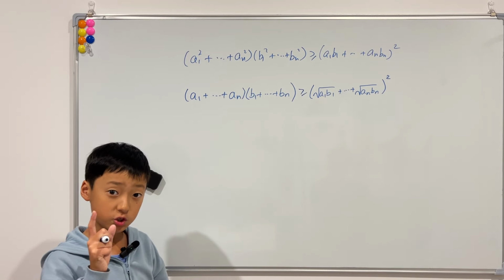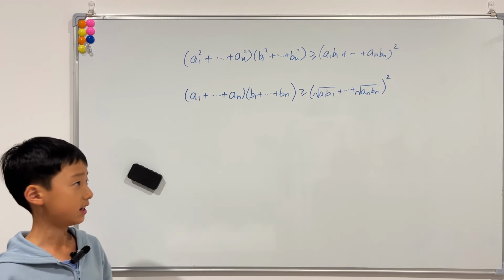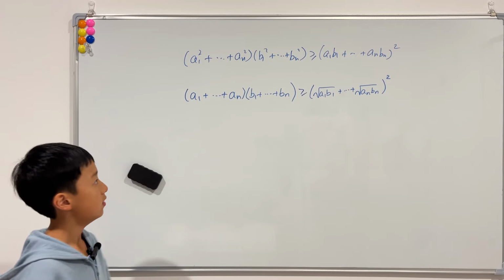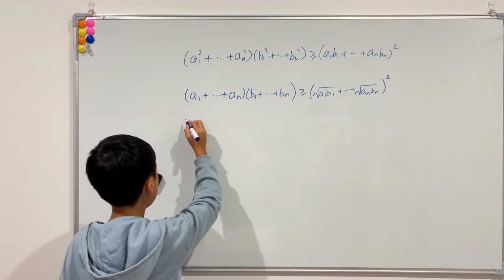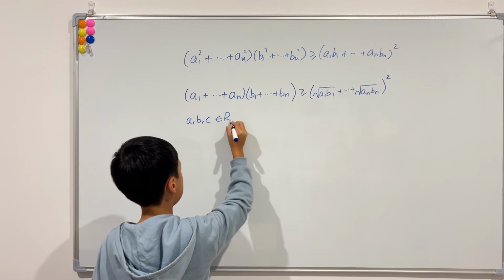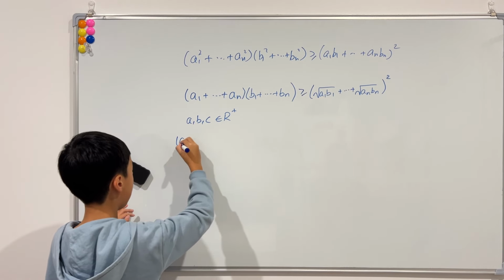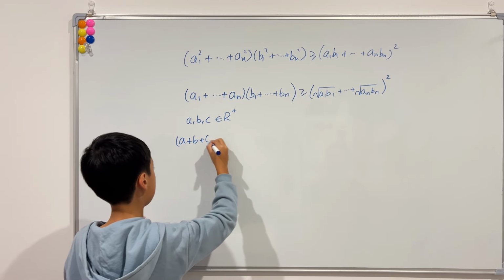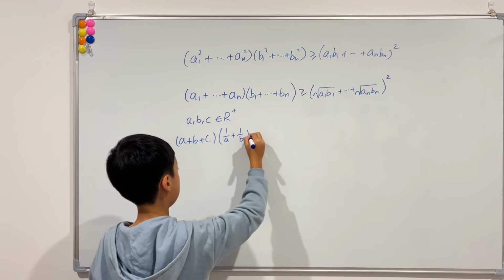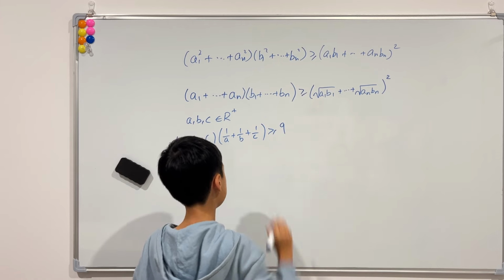And the first question is a typical Cauchy question, one of the easiest Cauchy questions to solve. So the question states that A, B, and C are positive, and we have to prove that A plus B plus C times 1 over A plus 1 over B plus 1 over C is greater than or equal to 9.